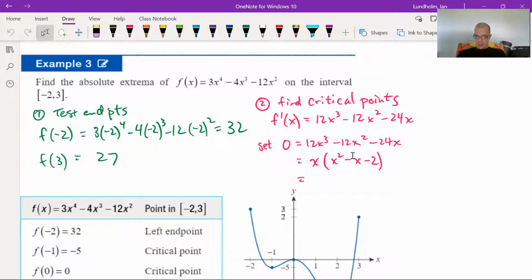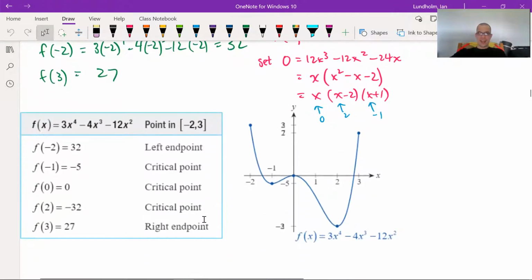And if we continue factoring, that would be x minus 2 and x plus 1. And that gives us 3 x values to test, either x equals 0 or x equals 2 or x equals -1.